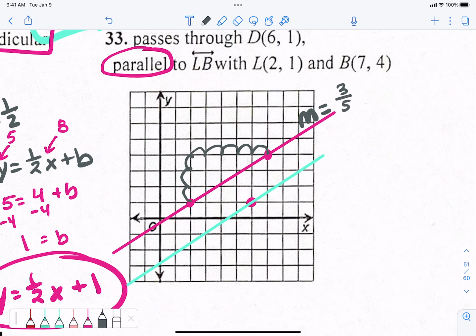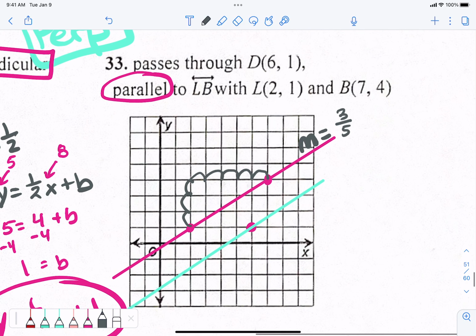Is that true or no? I think it is. It is true. Up 3 over 5. So this line also has to look like 3/5 x plus b.